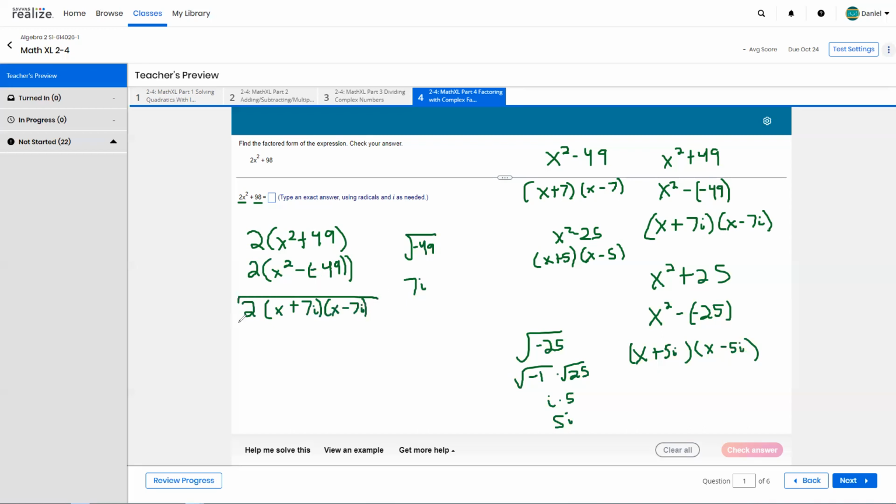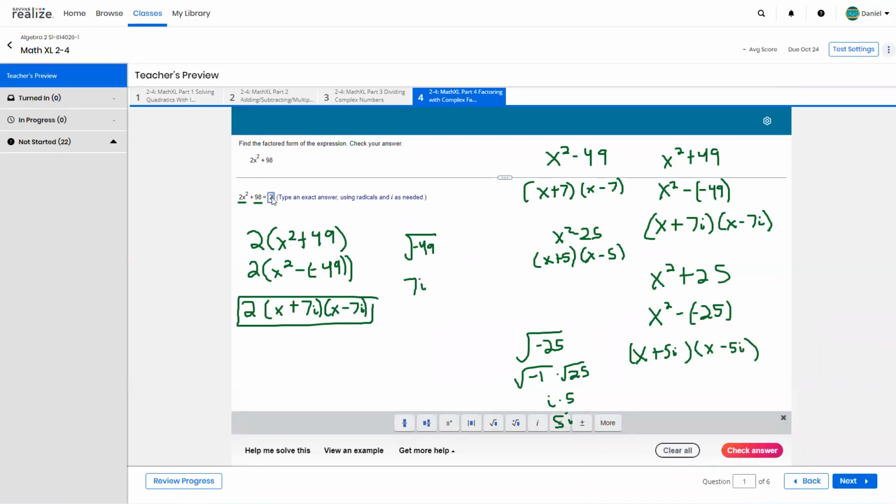That's going to be my factored form of 2x squared plus 98. So we have 2 times x plus 7i times x minus 7i.